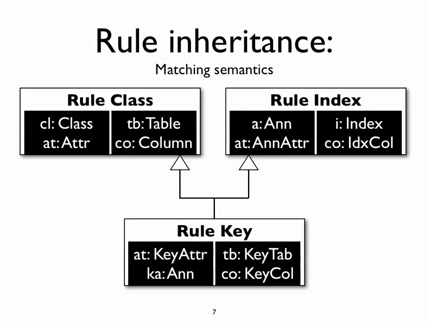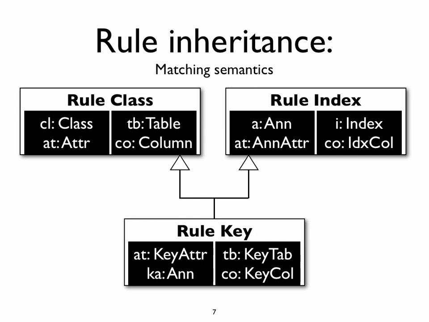And this is where I'd like to talk a bit about how we wanted to do rule inheritance. So we're supporting multiple inheritance here, as you can see, and we're basing ourselves on the semantics of ATL and triple graph grammars that both already have a notion of rule inheritance. So we take that as a starting point.